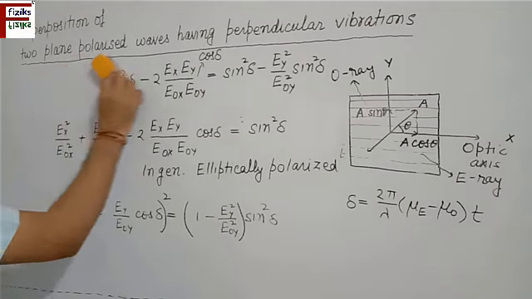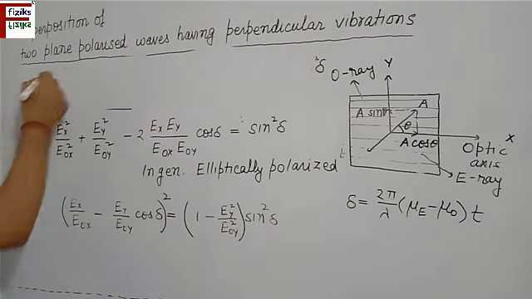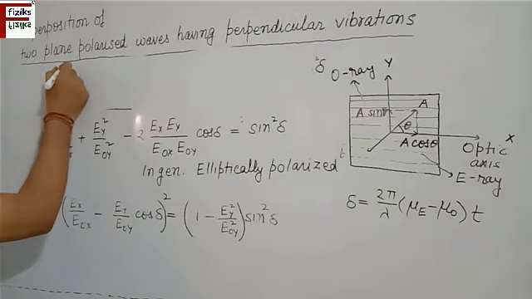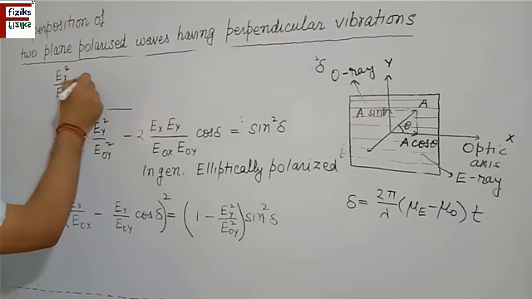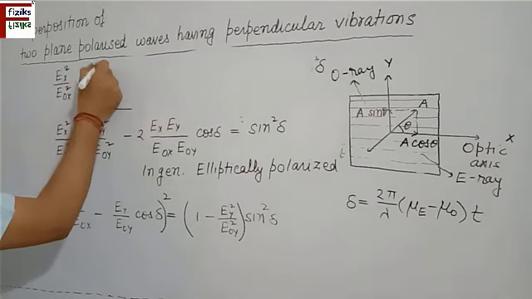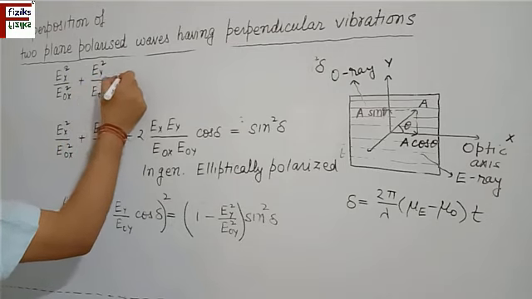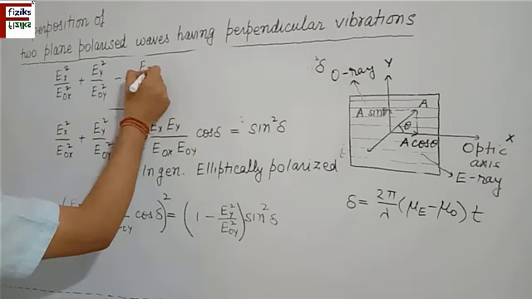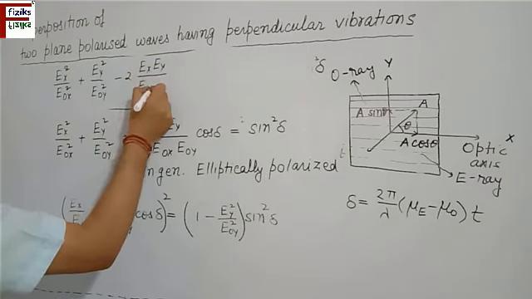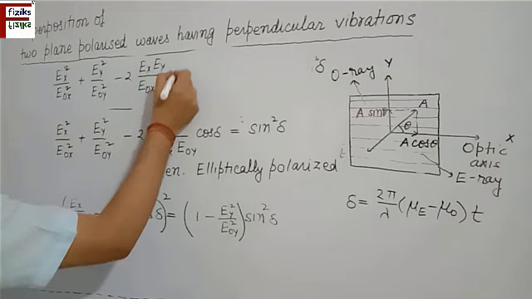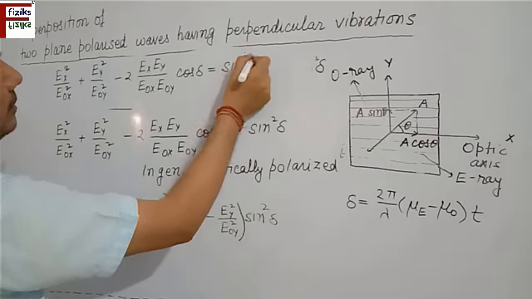So first I am writing this equation at the top. I am writing again. So this is Ex square upon E naught x square plus Ey square upon E naught y square minus 2 times Ex Ey upon E naught x E naught y cos delta equal to sine square delta.